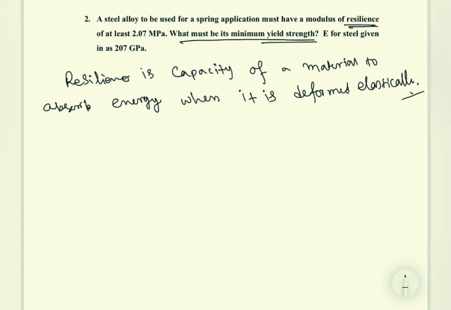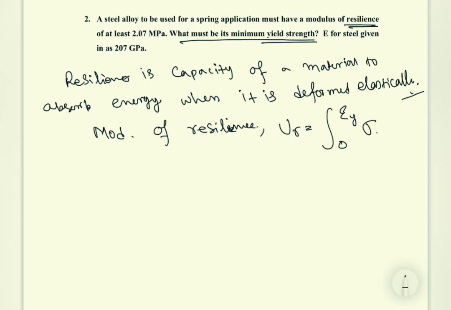Okay, so according to this definition, modulus of resilience is given, suppose you are integrating from 0 to epsilon y, the strain at yielding when the yield takes place.